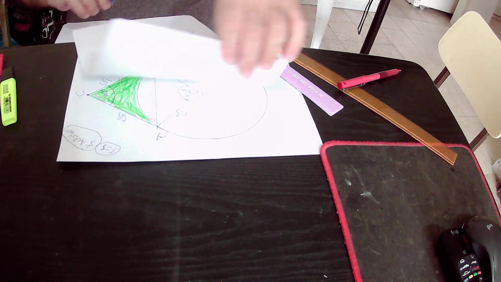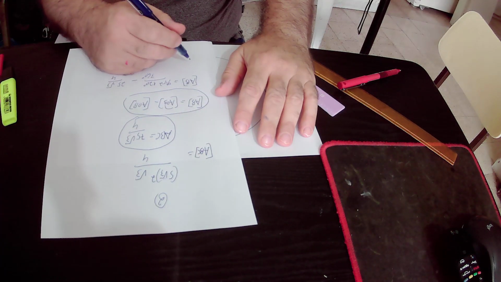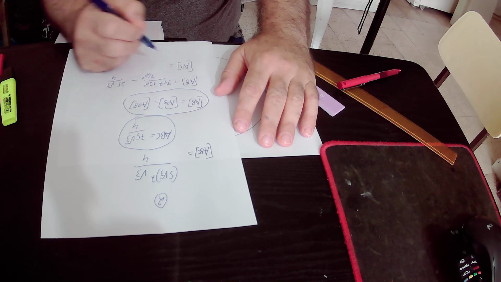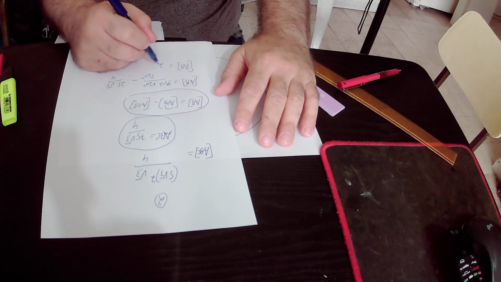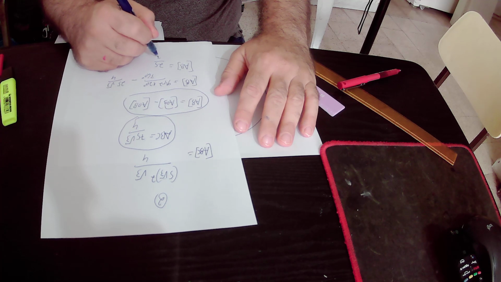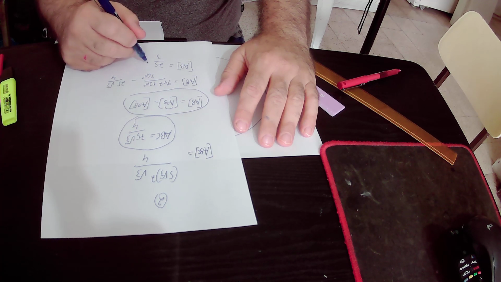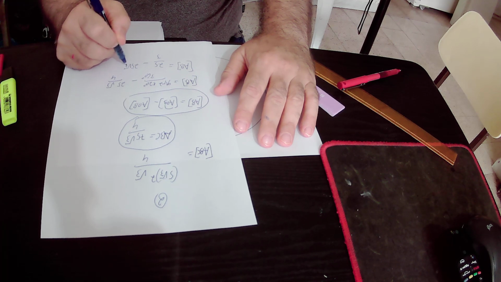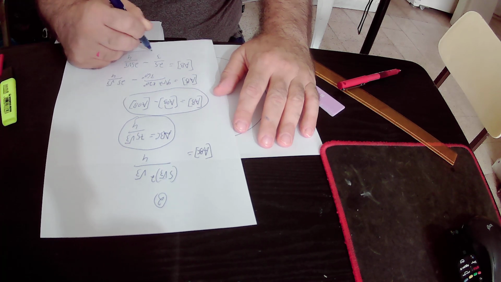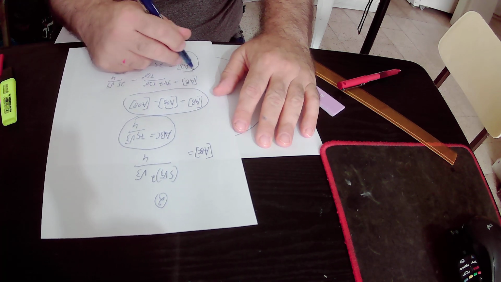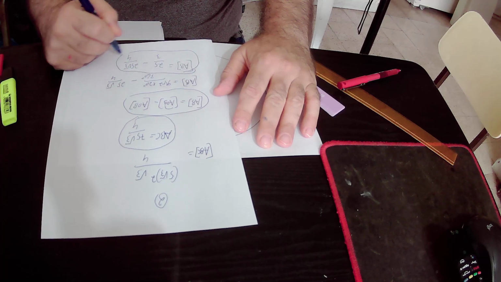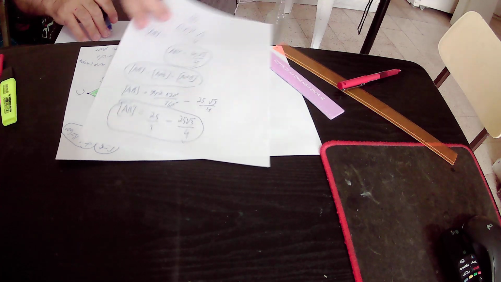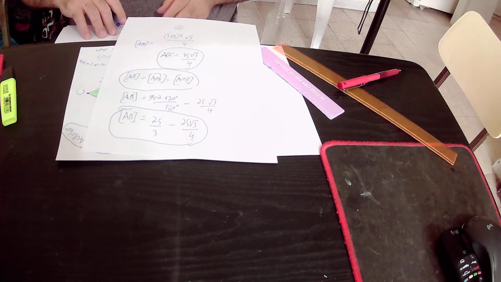So the area of circular segment AB equals 25 pi over 3 minus 25 times root 3 over 4. That is the area of circular segment AB.